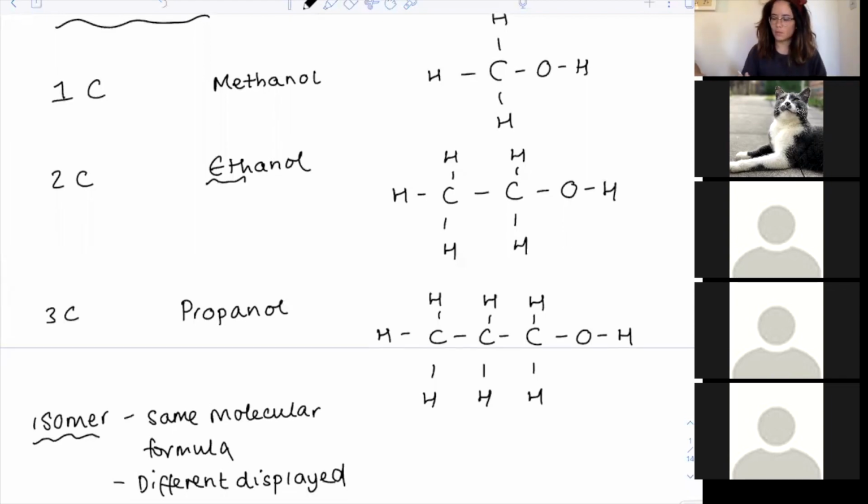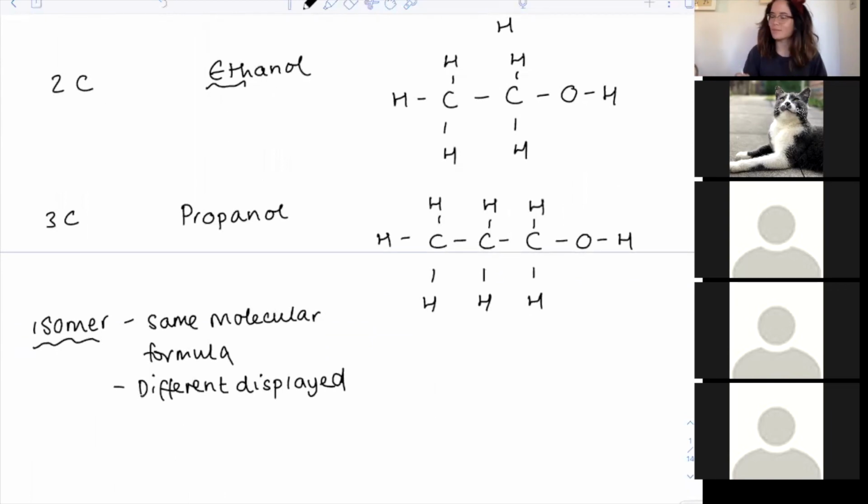Well, that's because the OH group can attach itself onto, as is the case here, the first carbon atom. Remember, we can flip the molecule around, which is why I'm saying it's the first one. And so we state where that OH is attached, and it's attached to the first carbon.